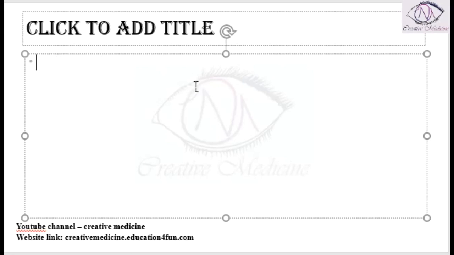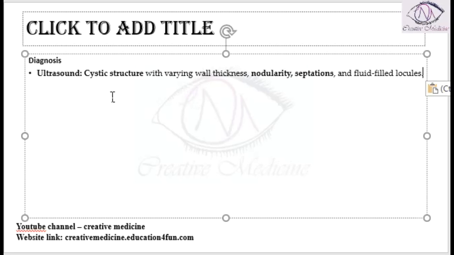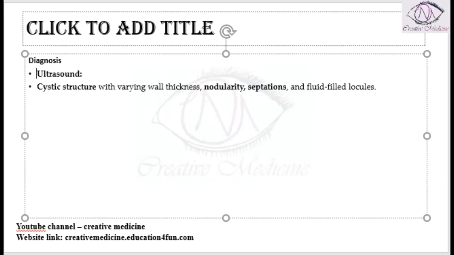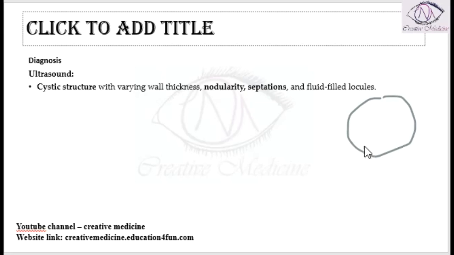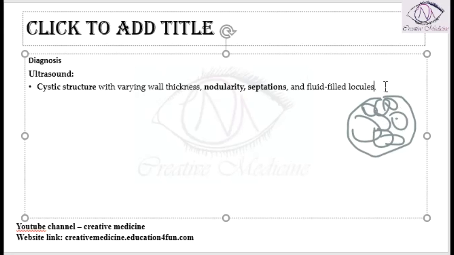Then we have the diagnosis of cystadenoma. We can do an ultrasonography, where you will see a cystic structure with varying thickness, nodularities and septations, and fluid-filled locules.